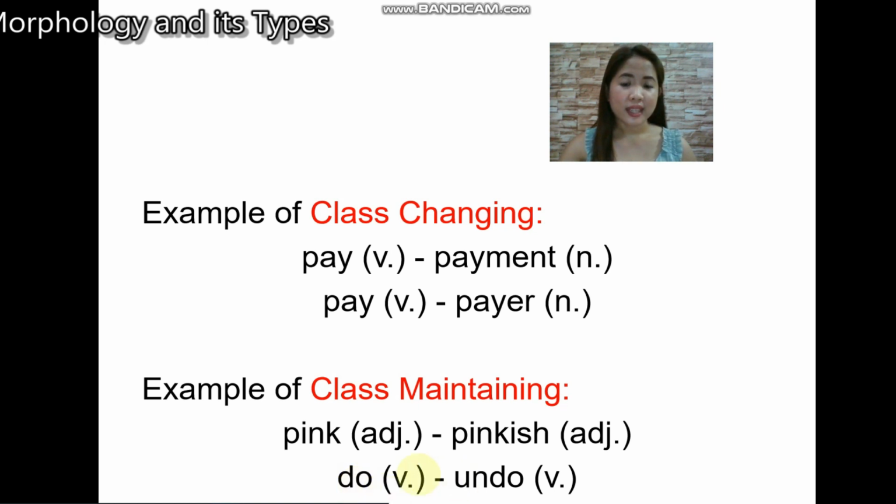If we add a prefix un, it becomes now undo. It still functions as a verb. Meaning to say, the adding of either a prefix or a suffix does not change its grammatical function or its part of speech.